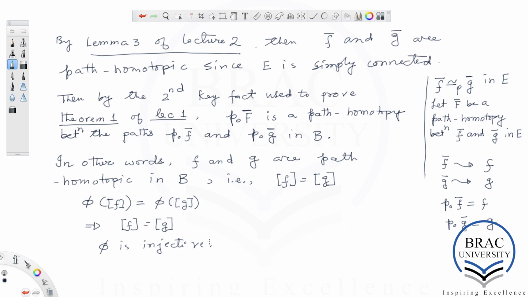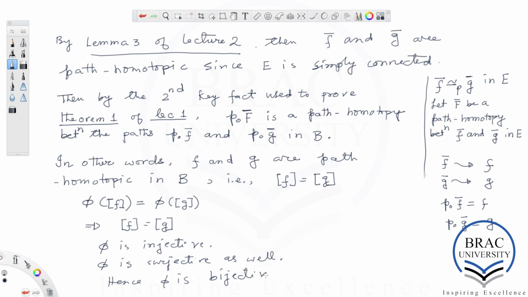And by the first result of the current theorem, phi then is surjective as well. Hence, phi is bijective.